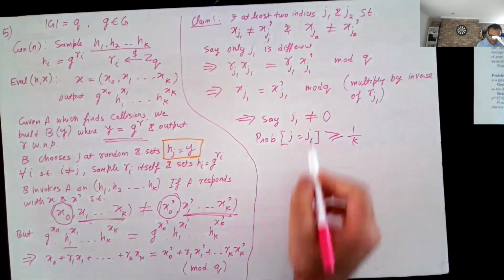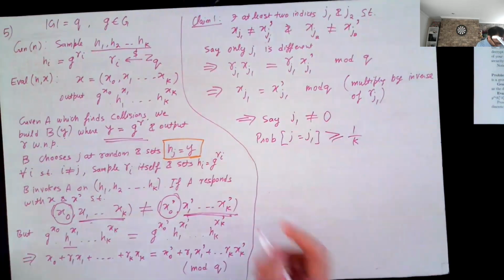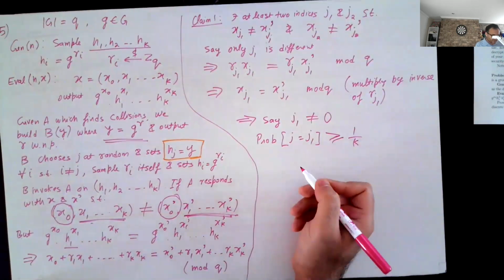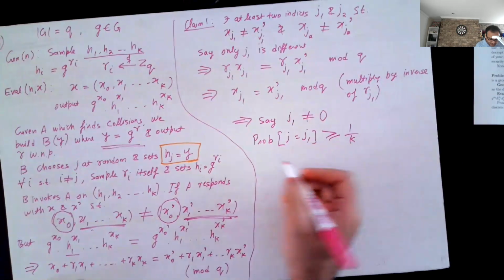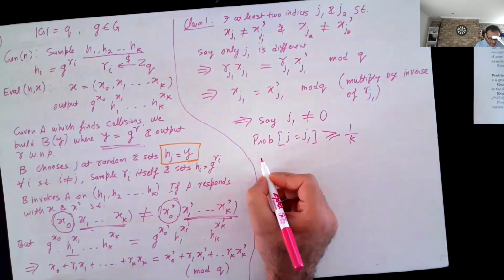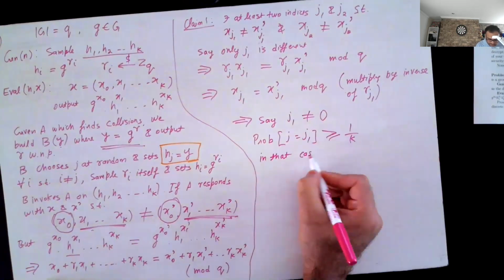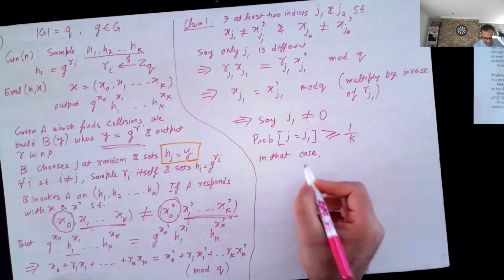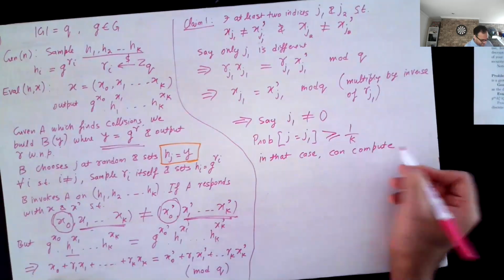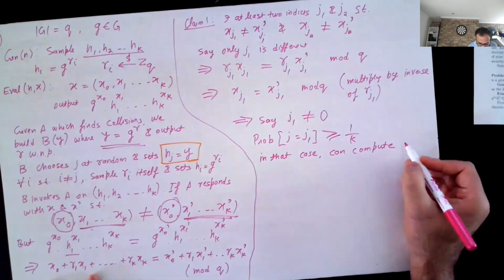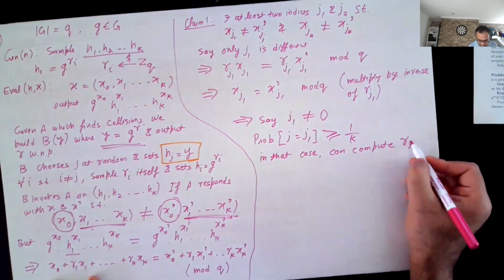And if this happens, then in that case, I can actually compute Rj.